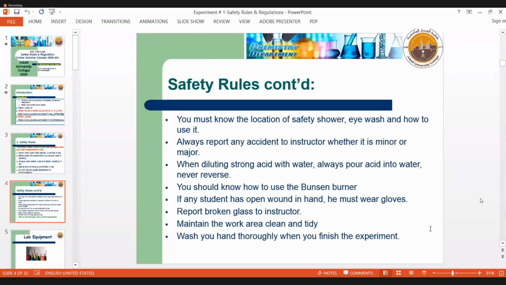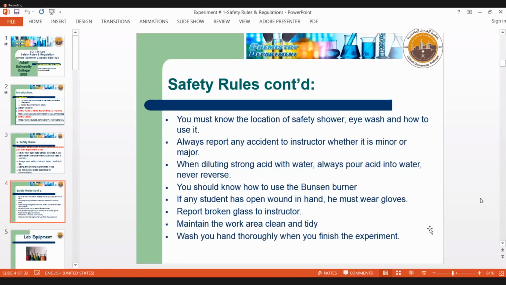When diluting acid or base, suppose you have acid in your container and you want to add some water. So what do you do? Always pour acid into water. Don't pour water into acid. You should know this one. This is very, very important, because acid contains thousands of kilojoules of energy.